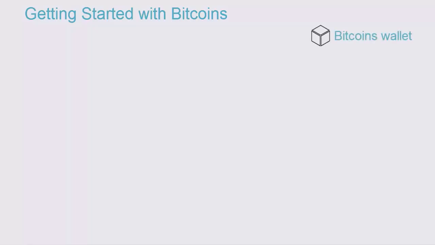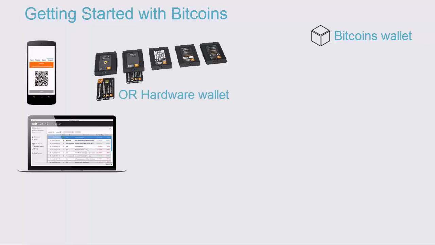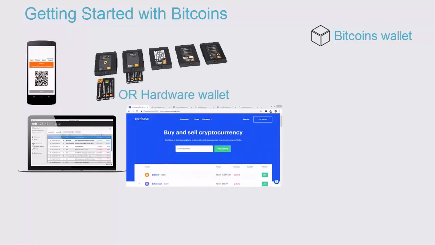This is a type of software that you install on your mobile device or on your computer or even through a web platform. And this will allow you to create your own addresses. An address in Bitcoin is similar to an email, and this Bitcoin address is what you use to receive Bitcoin.